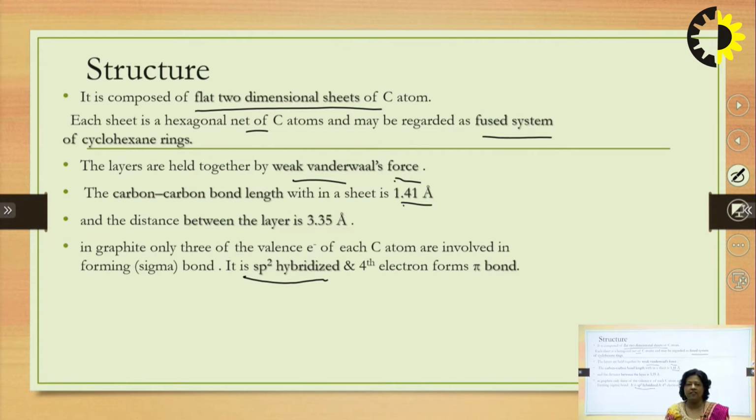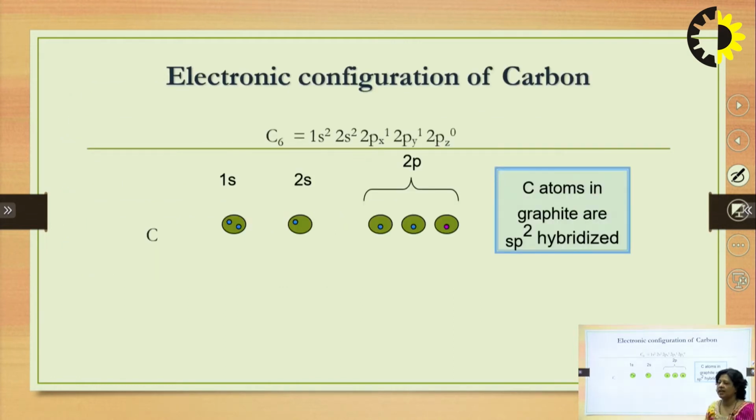Hybridization in graphite is sp2. When we talk about carbon, it has atomic number 6, with configuration 1s2, 2s2, 2px1, 2py1 and 2pz0. Here there is no electron in 2pz.